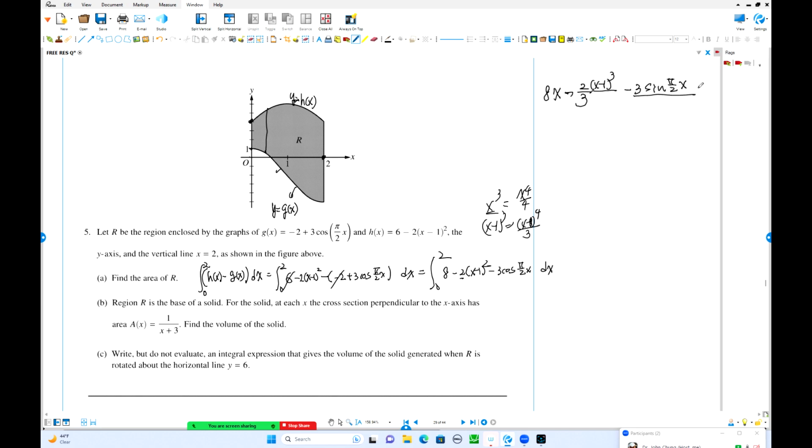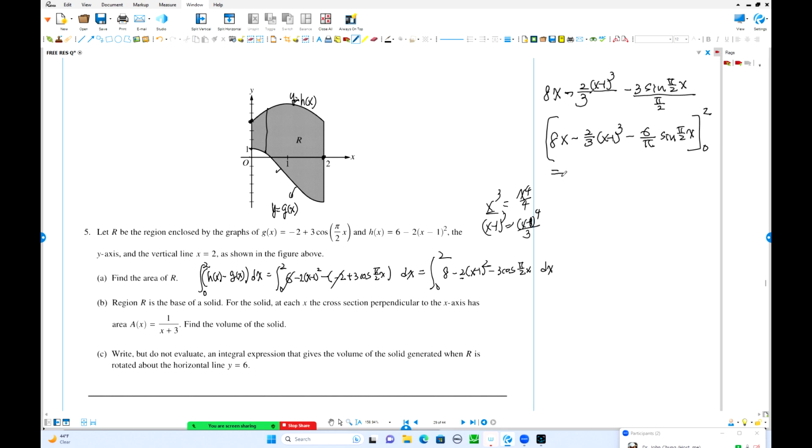Simplifying, we get 8x minus 2 over 3 (x minus 1) cubed plus 6 over pi sine pi over 2x. That's the antiderivative, and we take the integral from 0 to 2.